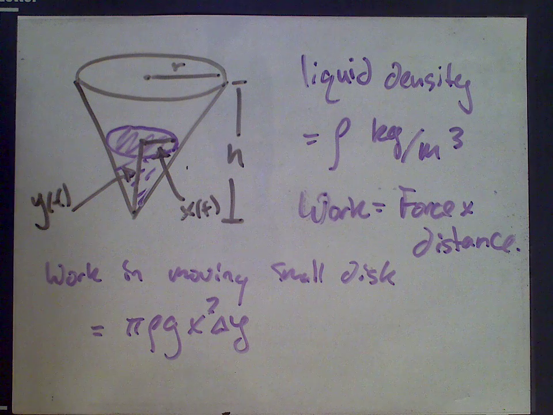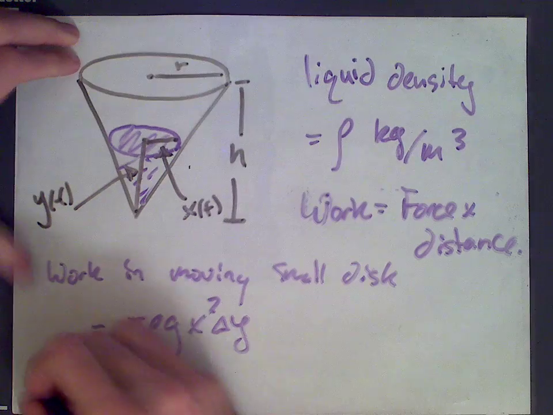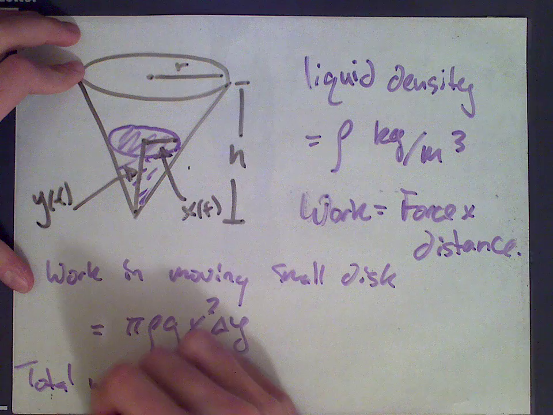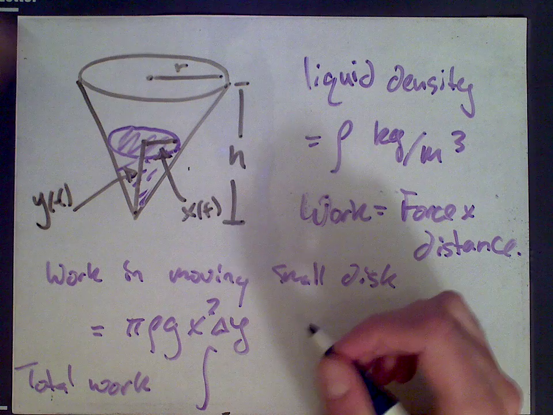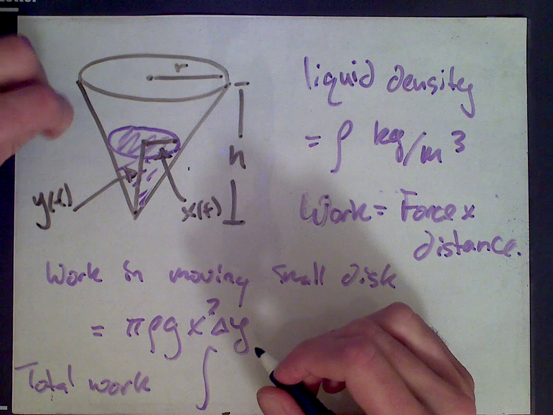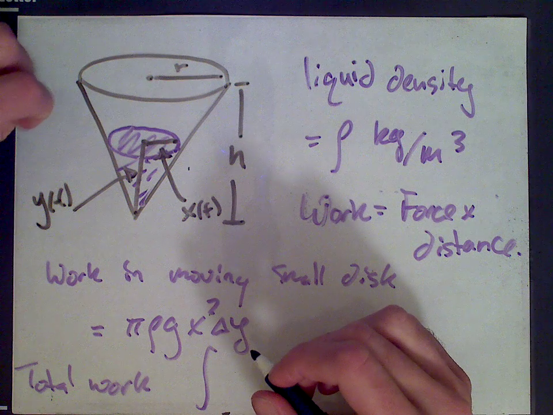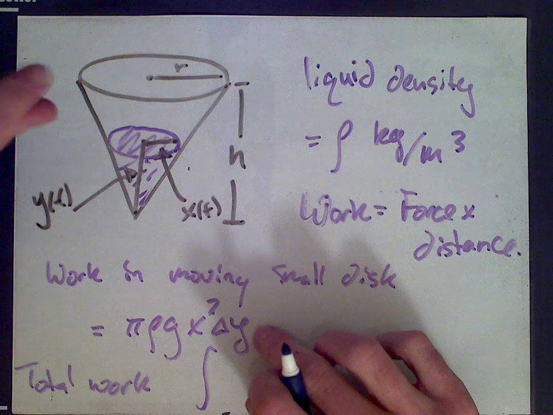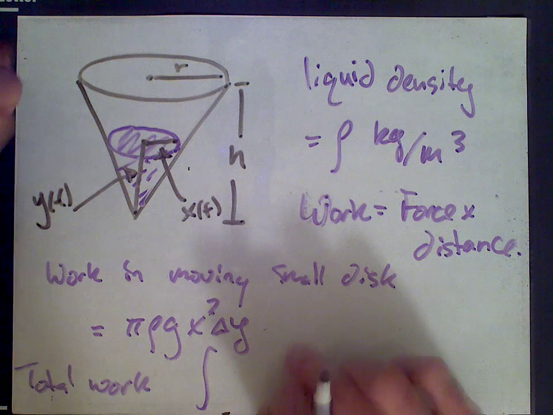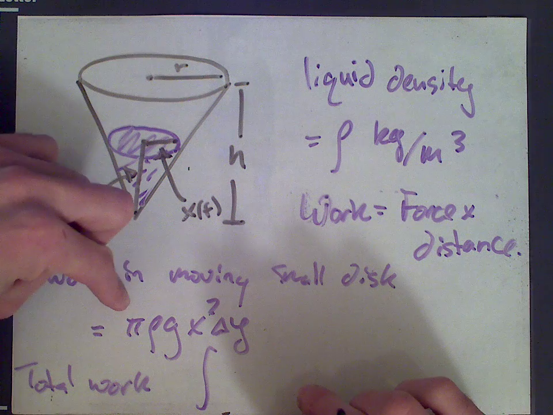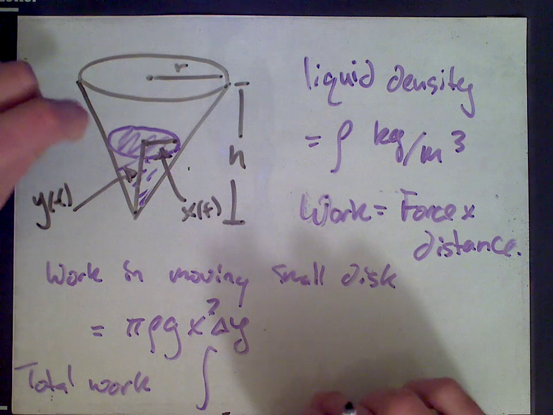This is what integration does for us. So the total work will be the integral. We're integrating over the height. Y is what's changing, and so is x, but we're taking small changes in y, delta y, so we're integrating with respect to y. It's force times distance.